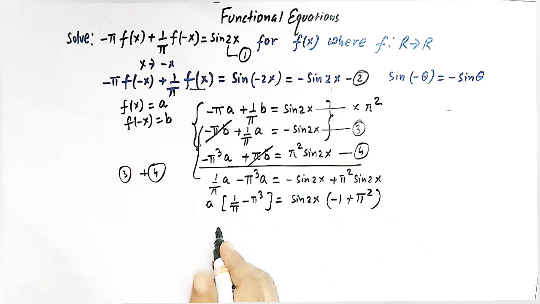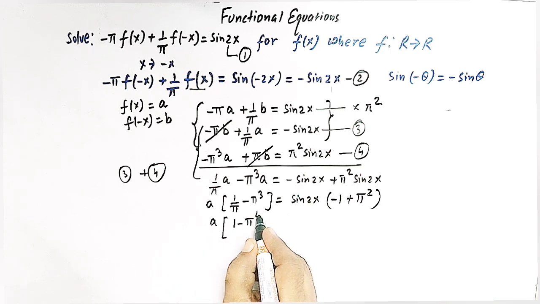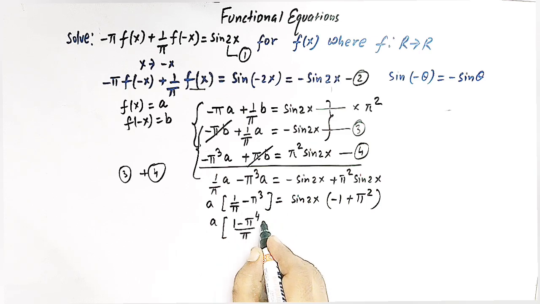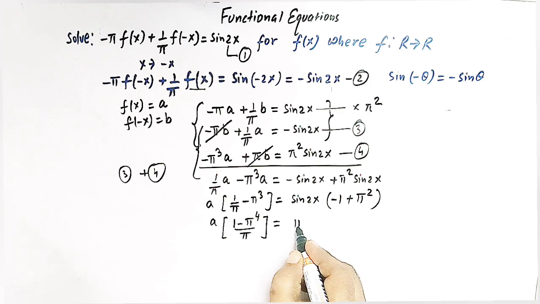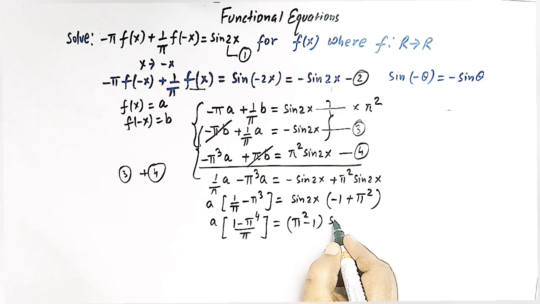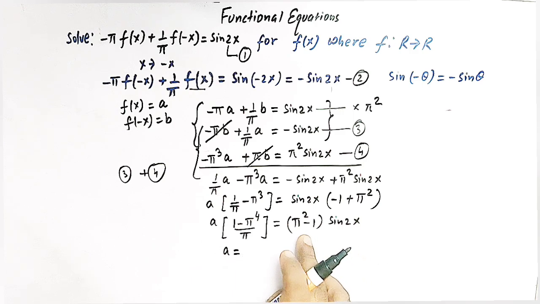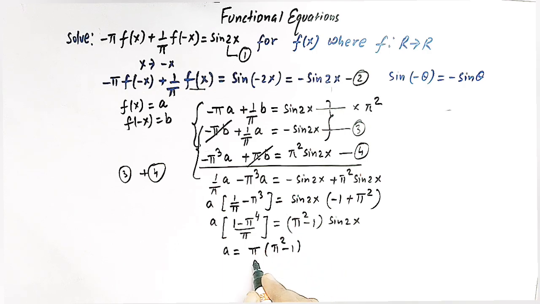Simplifying, we have a times 1 minus pi raised to 4, over pi, equals pi square minus 1 times sine 2x. Arranging the terms, a equals pi times pi square minus 1 divided by 1 minus pi raised to 4, times sine 2x.